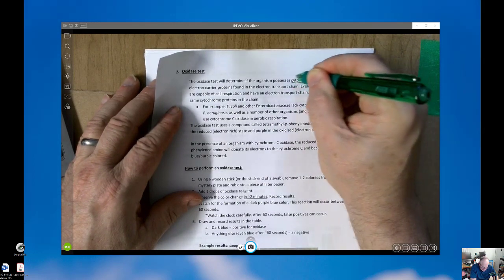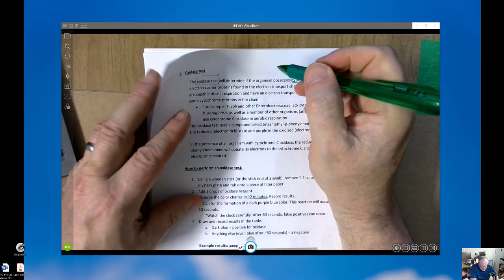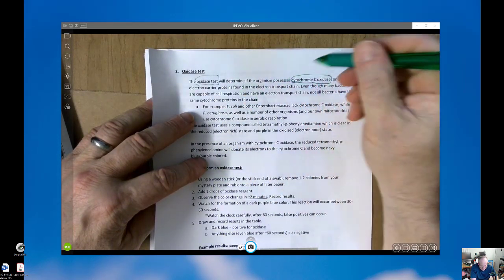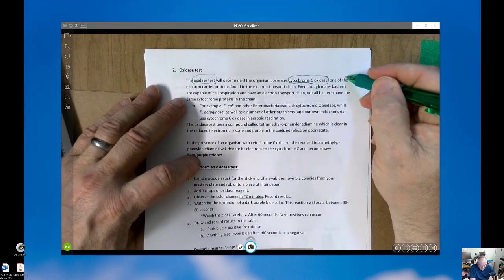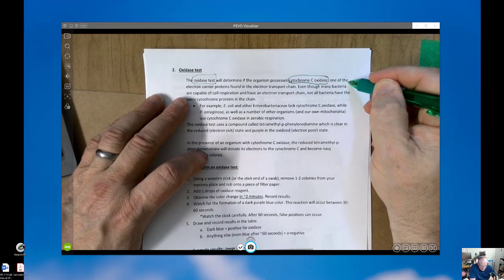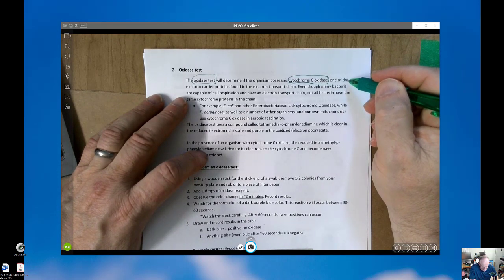This will be a question I'll probably ask, or they always ask on a lab practical. The oxidase test will determine if the organism possesses cytochrome C oxidase, which is one of the electron carrier proteins for energy, if you recall, in the electron transport chain.